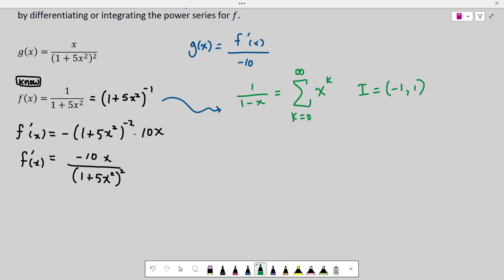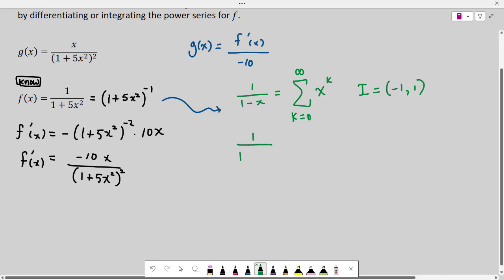Now we have to do a little bit of modification here. The first thing we can do is replace x with negative x right away and just make this positive. And that's not going to change the interval of convergence.